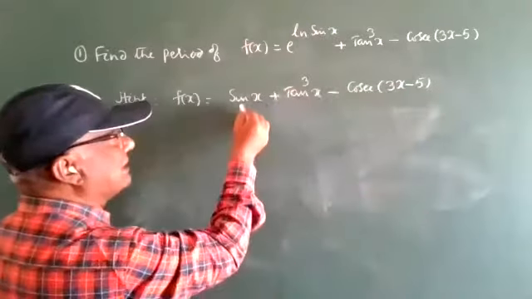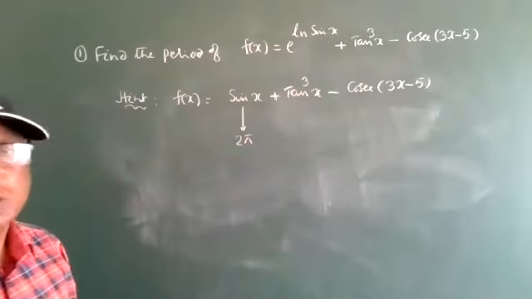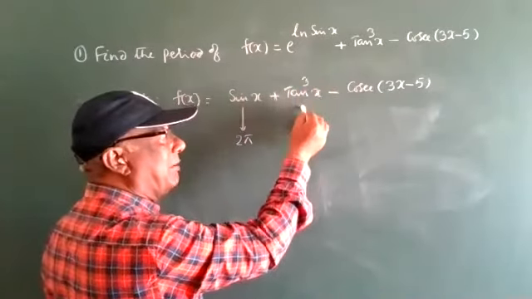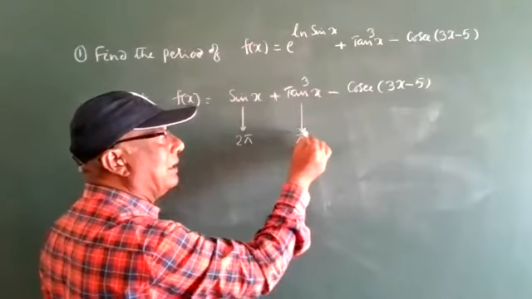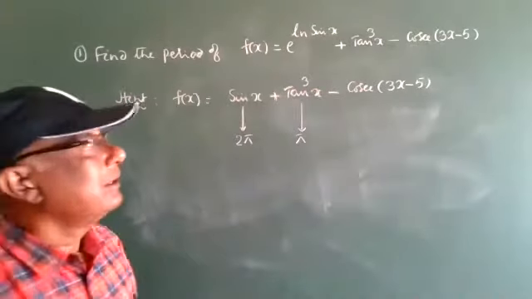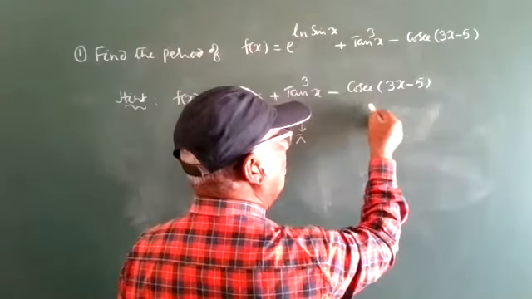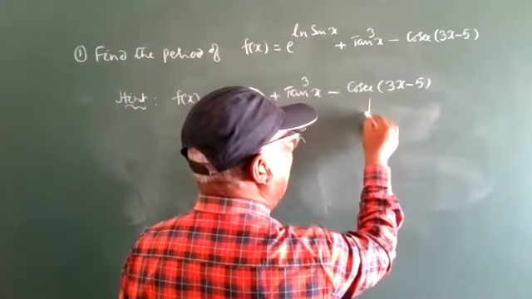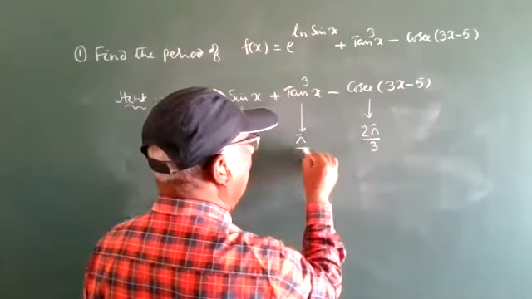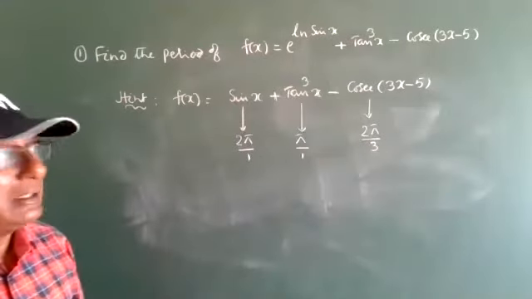Sin x period is 2 pi. Tan, whether odd power or even power, period is pi. Cosecant x period is 2 pi, but the x coefficient is 3, therefore 2 pi by 3.